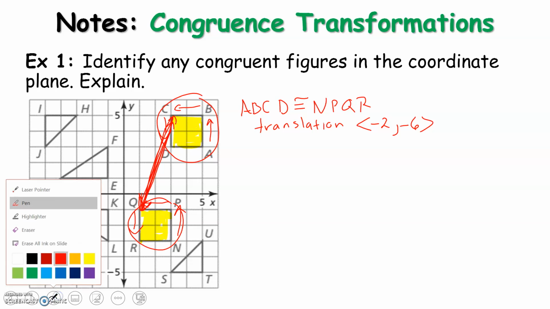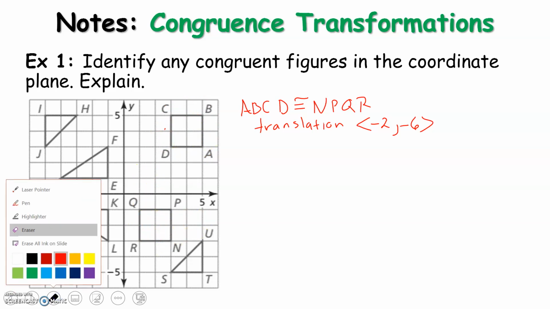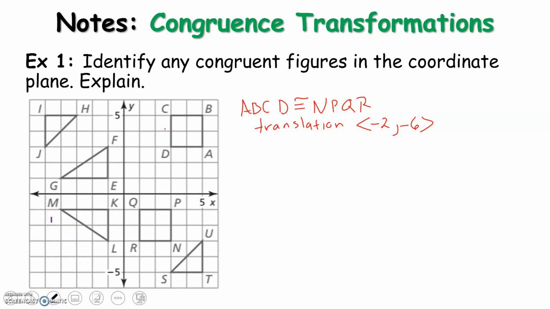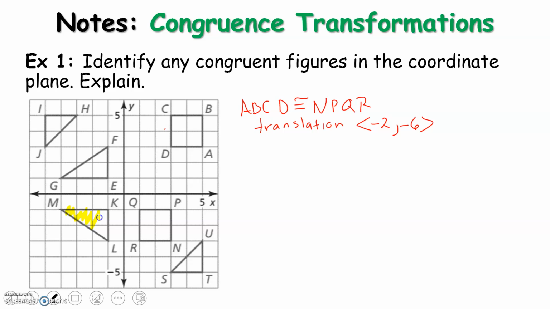All right, so let's take a look. Is there another? We can see that this triangle right here and this triangle right here also appear to be congruent. Now, what type of transformation would connect these two?